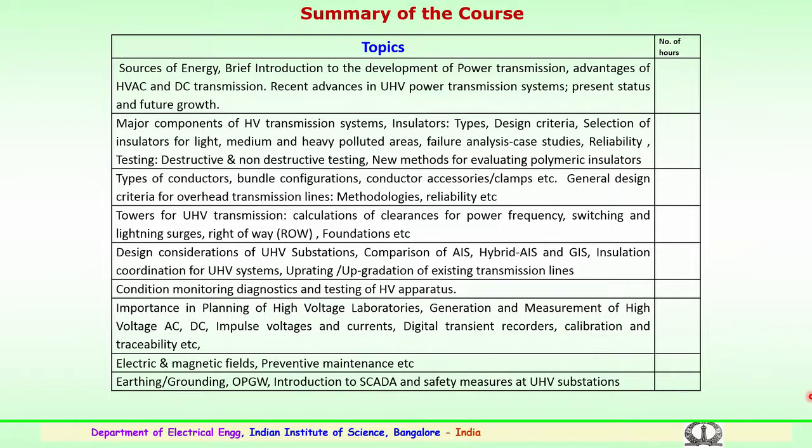We have discussed various types of insulators which have been used in transmission for a long period of time, and the newer types of insulators which are being used. We have discussed the design criteria of going in for various insulators and how the selection of insulators is to be made in case of light, medium or heavy polluted zones.